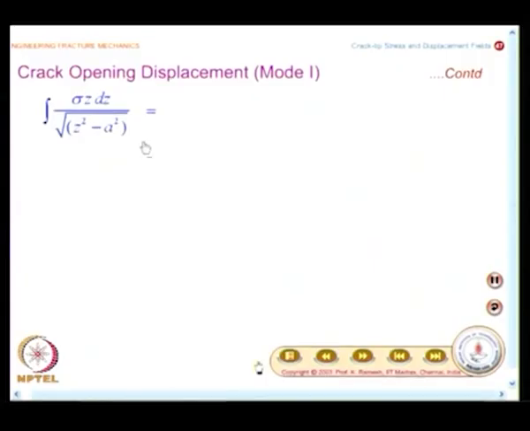When I have to evaluate the integral of this, you could substitute another variable. You could define m equal to z squared minus a squared. Once I define m like this, you could find dm, which is nothing but 2z dz. Then you can substitute it in this and comfortably evaluate the integral value.